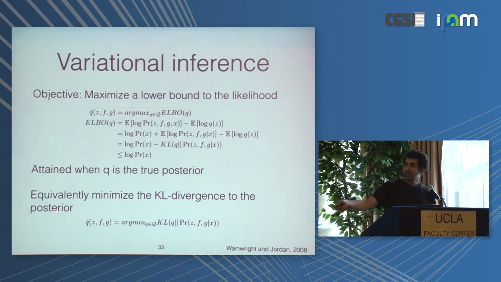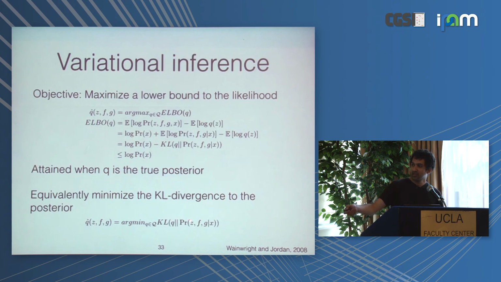Another way of looking at it is that it's equivalent to minimizing the KL divergence of this distribution Q to the true posterior. The KL divergence is a way of measuring divergence between two distributions, and it's 0 only if the two distributions are identical.